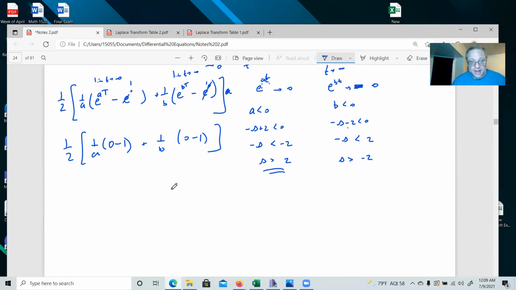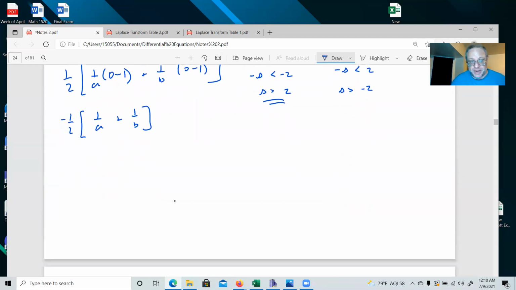So that's what we have. We might put this negative back in. We have a 1 over a plus a 1 over b. And all I'm going to do is get common denominators here so we can see what's going on. I'm going to back substitute in a minute.